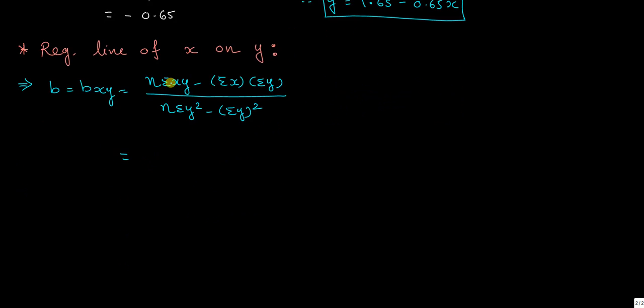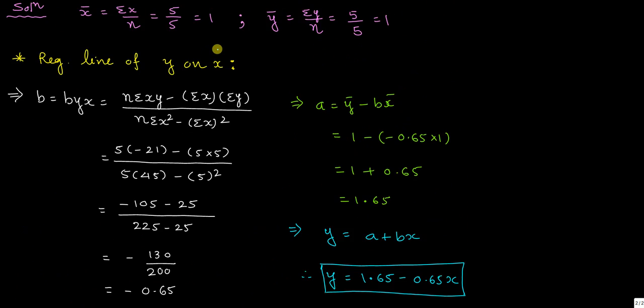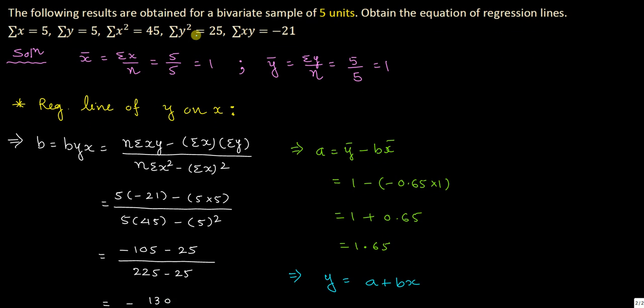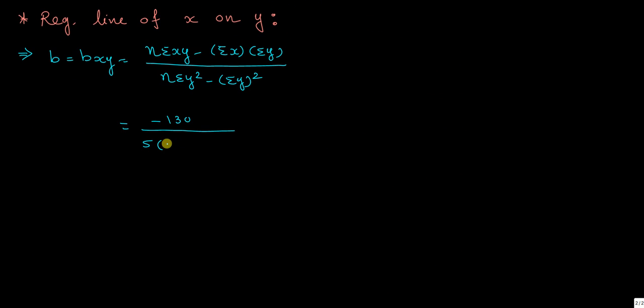Here we can take the same amount of -130 that we got earlier, so there is no trouble with calculation. -130 divided by n equal to 5, sigma y square, sigma y square is 25 and sigma y is 5. Okay. n sigma y square, that is 25 minus 5 whole square. So it is equal to -130 divided by 125 minus 25, equal to -130 divided by 100.